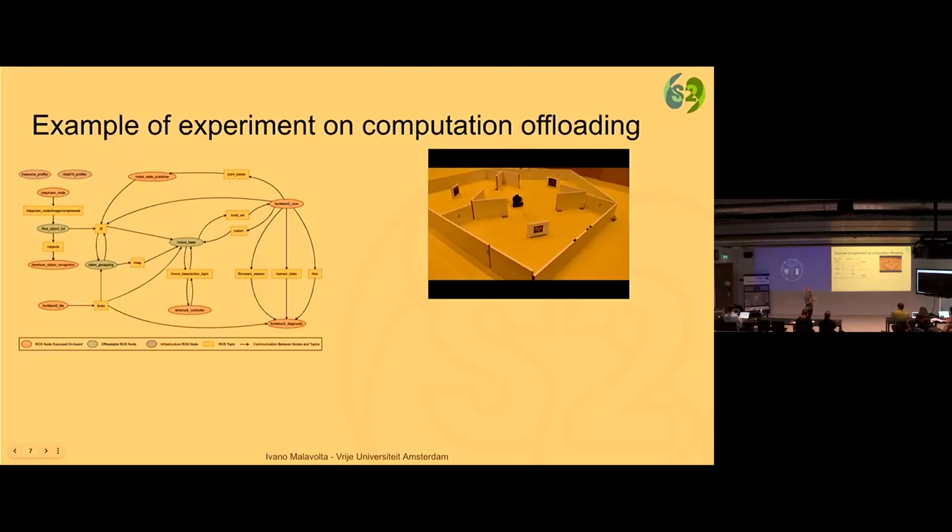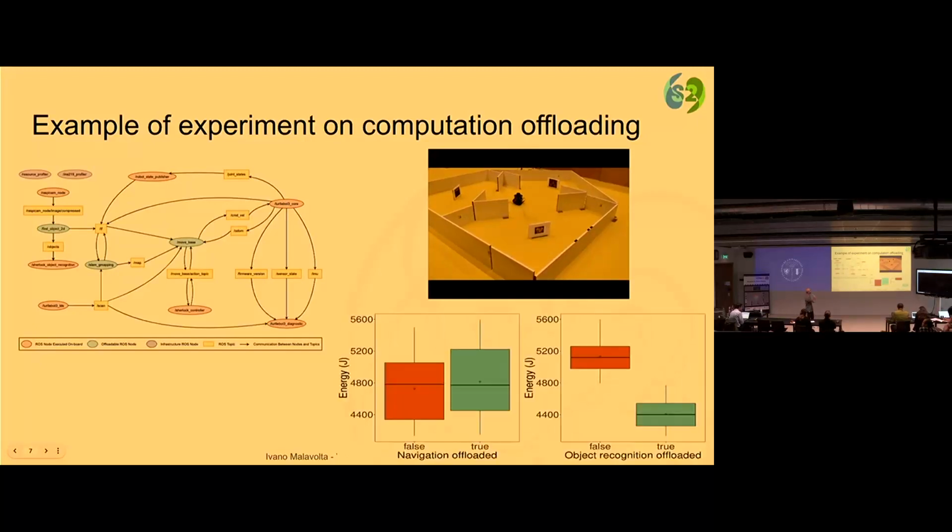What happens if we move some of these nodes to the cloud? That is, not running them on board the robot, but somewhere else. What is the trade-off between how much networking I'm doing, how much CPU I'm using locally, and if there is some gain? So, very quickly, these are the results.